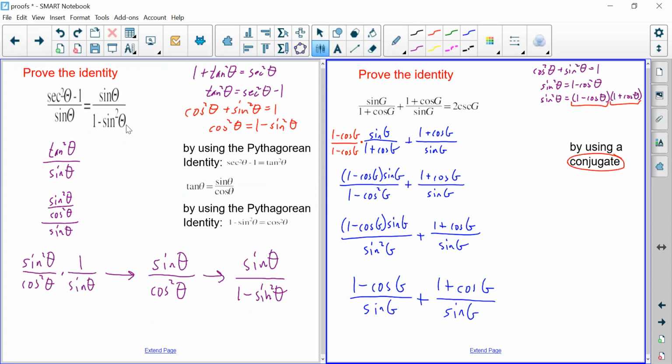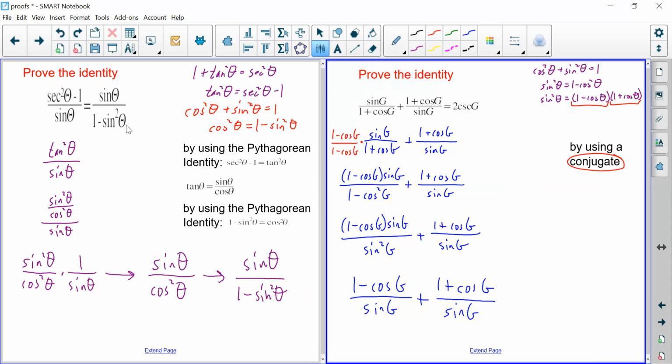Okay, now let me pause here because I'm done with that first execution. The point of this problem was, you see a 1 plus cosine. So this isn't always going to work, but there are lots of ways to prove these things.